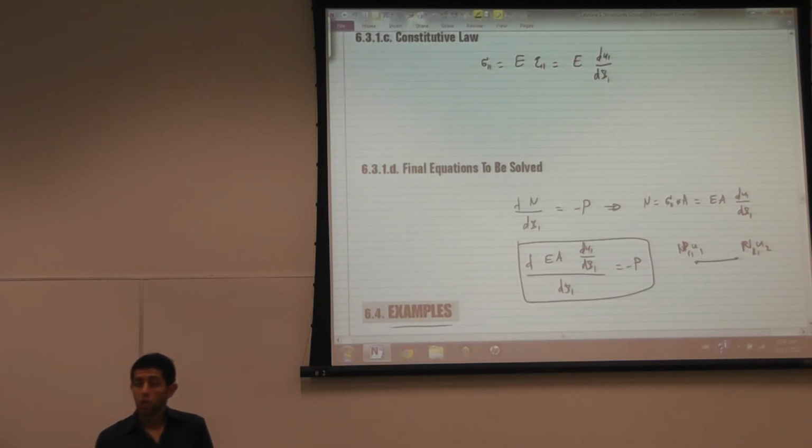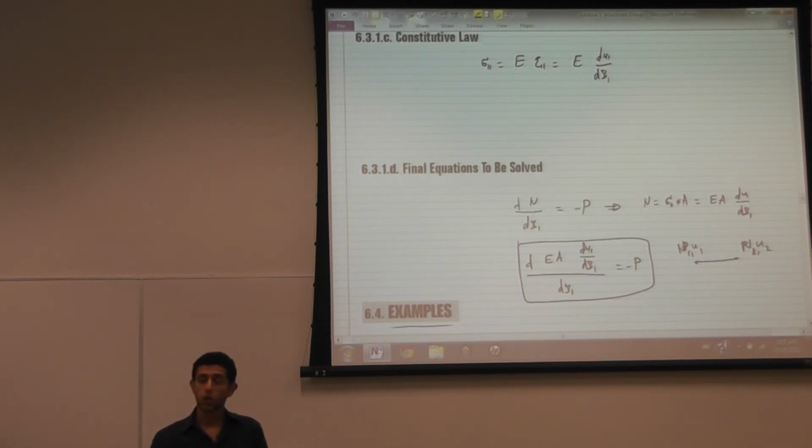If you do the integration, you see that the behavior of the beam is a function of two constants. Because this is second order, when you do the integration there's going to be constant 1 and constant 2.